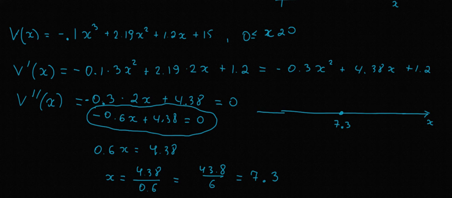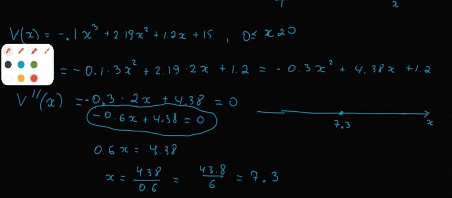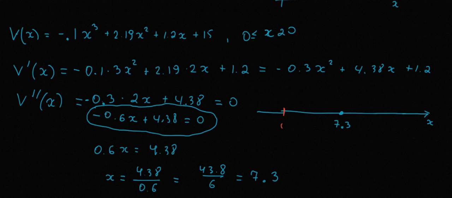Let's select our test points on the two intervals of the number line, to the left of 7.3 and to the right of 7.3. For instance, we could use 0 as a test point on the first interval, and maybe 10 as our test point on the second interval. If you plug in 0 into negative 0.6 times x plus 4.38, the value that comes out is 4.38, and that is a positive value.